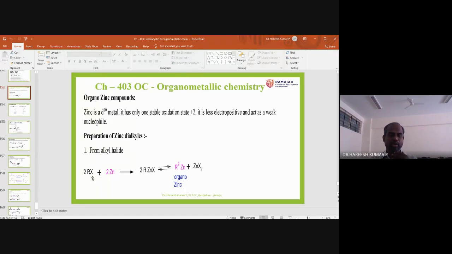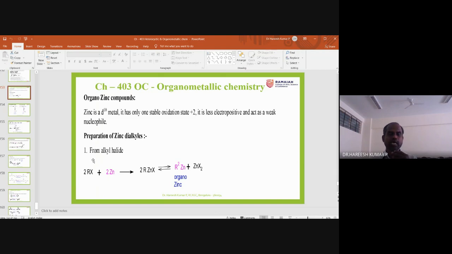Both are the same. Haloalkane in terms of IUPAC nomenclature, alkyl halide in terms of common name or trivial name. Trivial name or common name both are the same. So RX is an alkyl halide or haloalkane.